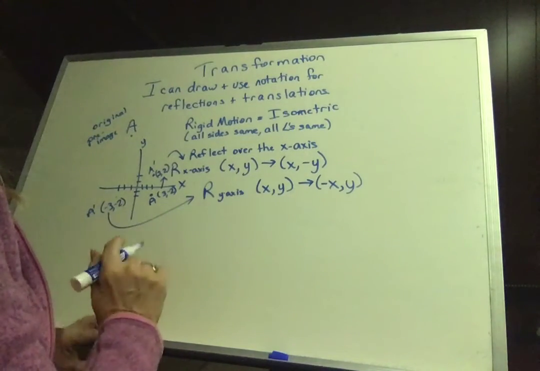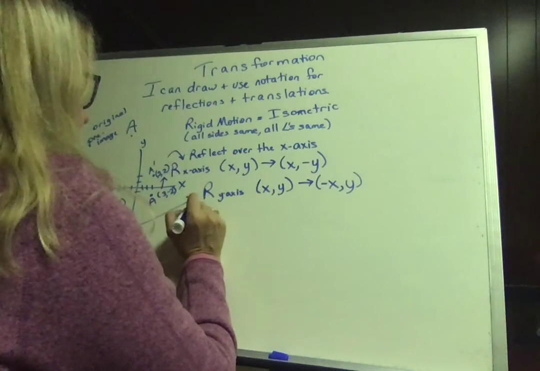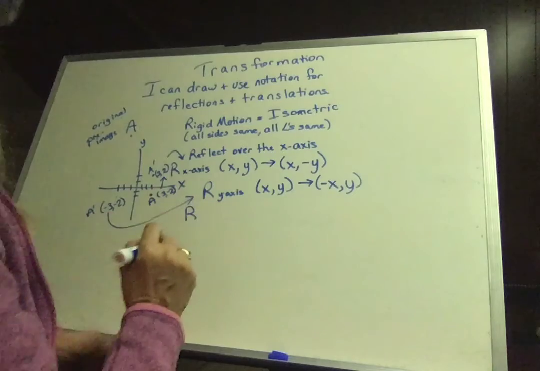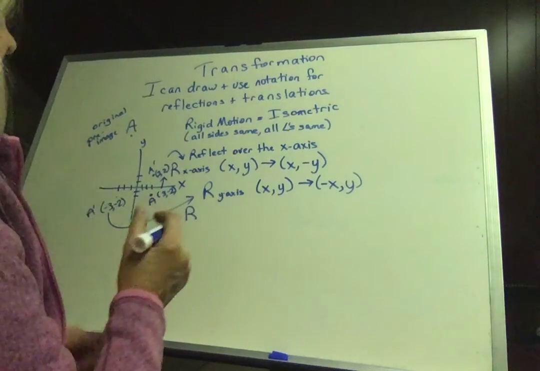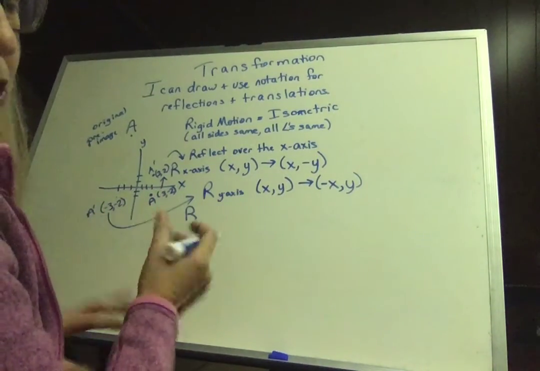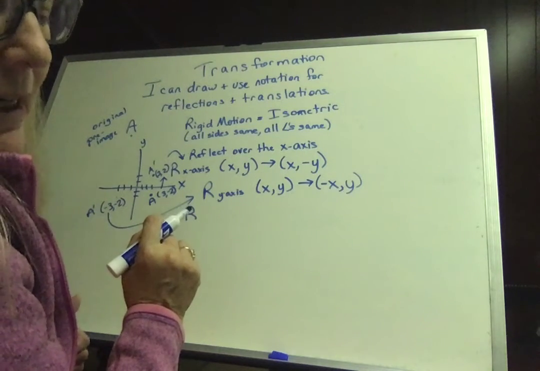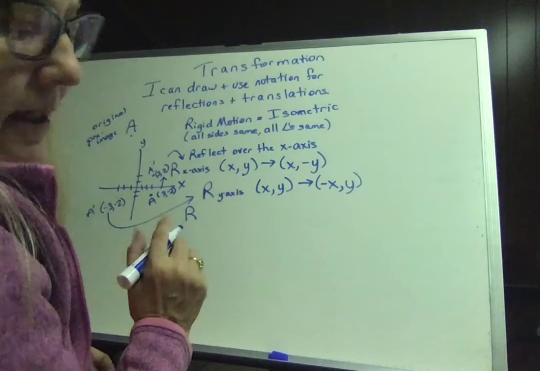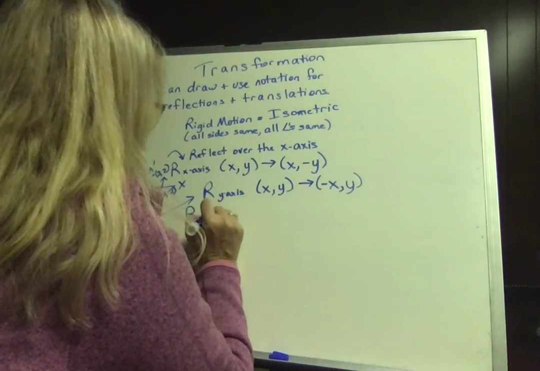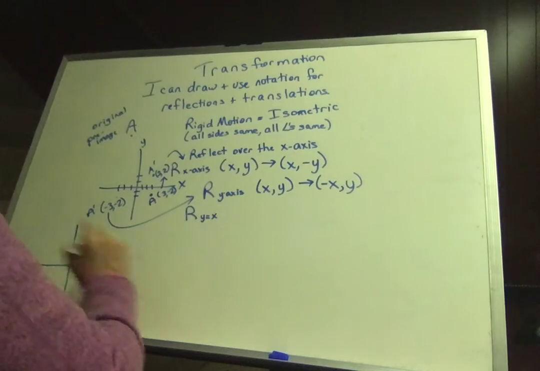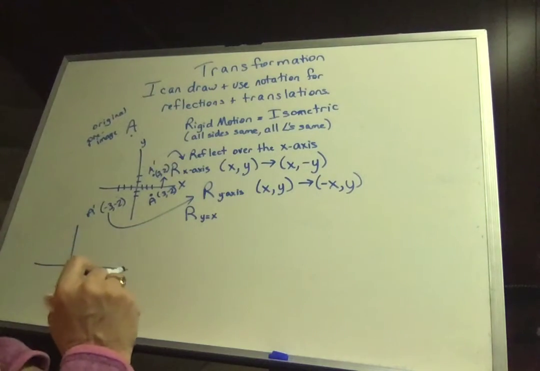Okay, there is one more reflection that they use a lot, and instead of x-axis or y-axis, they do a specific line, and they could give you x equals 4 or y equals 2, and you could reflect over it. But one they also use a lot is the y equals x, and that line, where does y equals x?